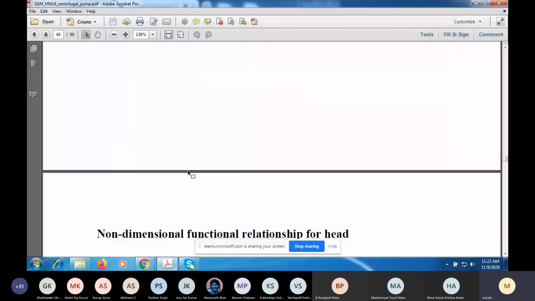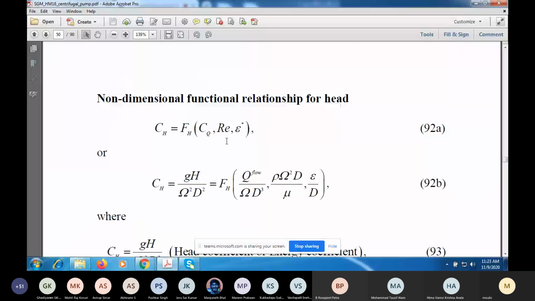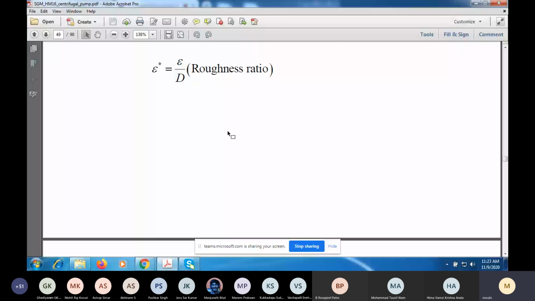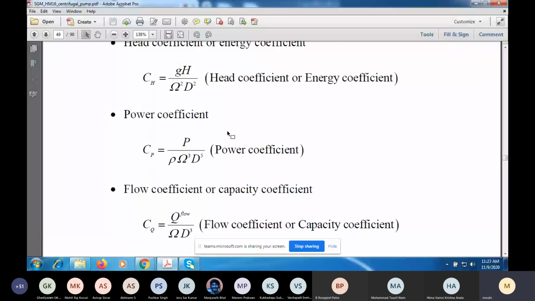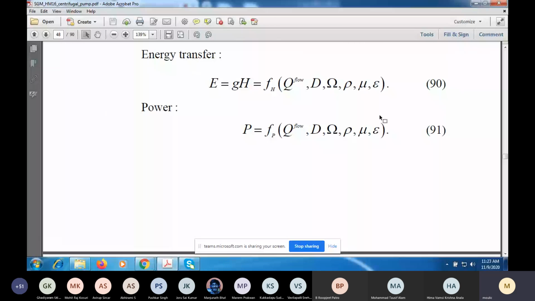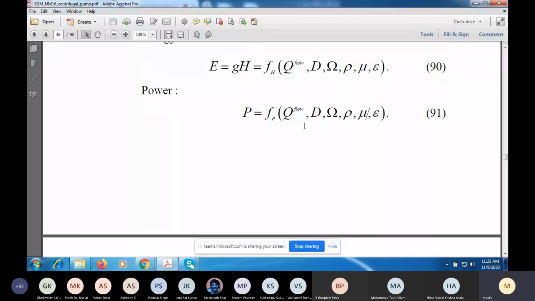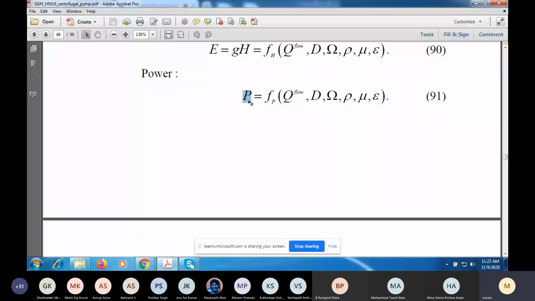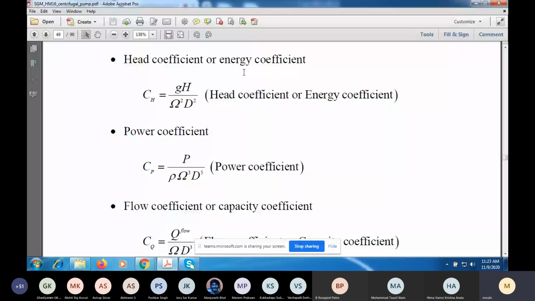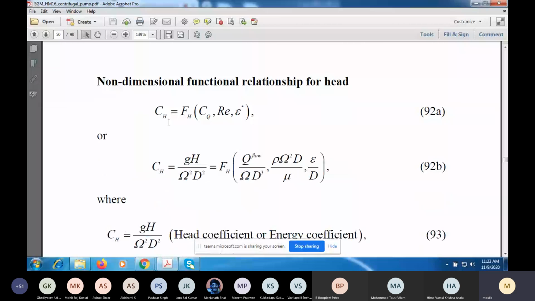So for the non-dimensional functional relation for head, the number of dimensional parameters here is 6, and there are 3 dimensions. So the number of non-dimensional parameters here will be 3, controlling the dimensionless power and the dimensionless head. So the 3 relevant ones I can write.